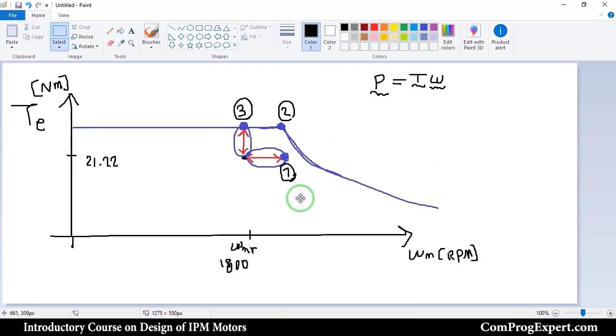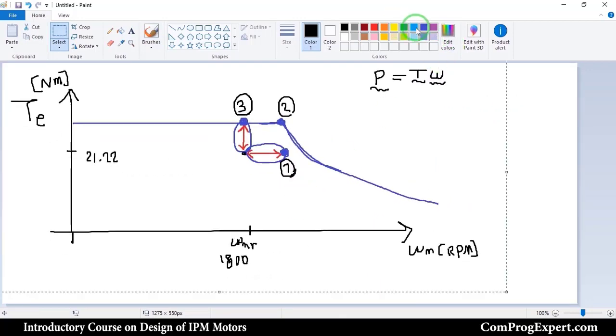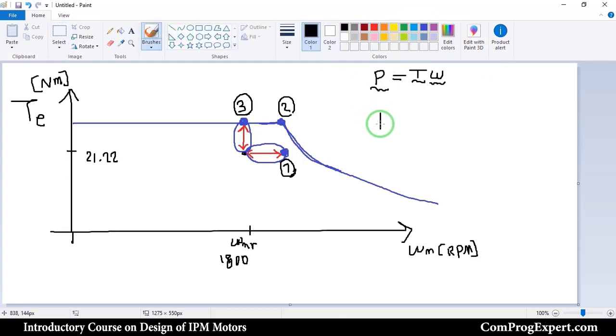So we know that P2 is higher than P1 because the speed is the same, but the torque here is higher, and P2 is higher than P3.